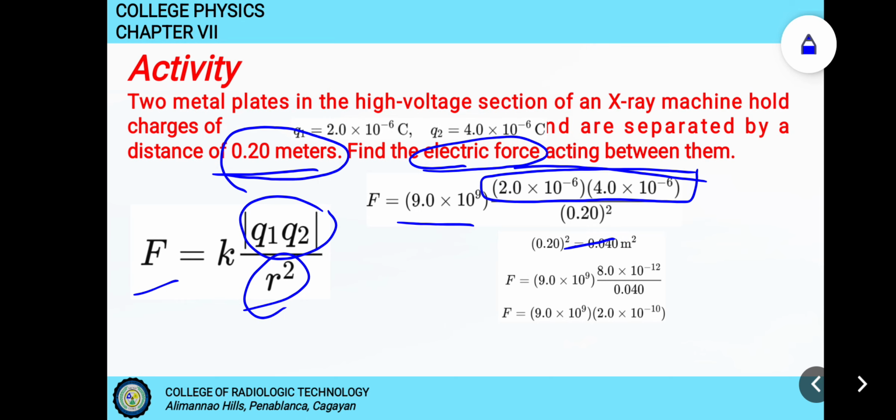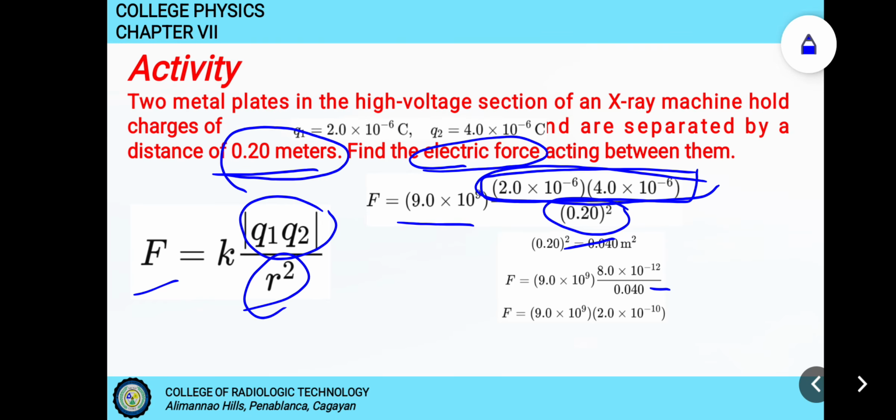If you are going to multiply 2 times 10 raised to negative 6 times 4 times 10 raised to negative 6, that will give us 8 times 10 raised to negative 12. Ma'am, saan galing itong 0.040? We got it from this one. Square mo lang po yan, that will give you 0.040.